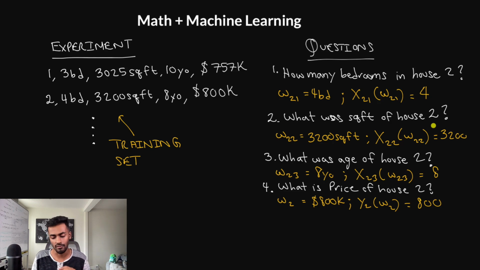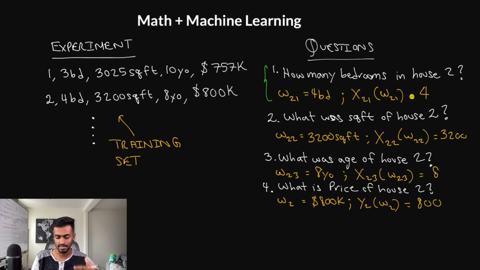So before moving forward with the actual probability theory and how this is related to that and how it's used to estimate parameters, let's actually classify each of these four random variables that we created here as being continuous or discrete random variables. So in this first case, the number of bedrooms, that's x21, it's going to be a count.